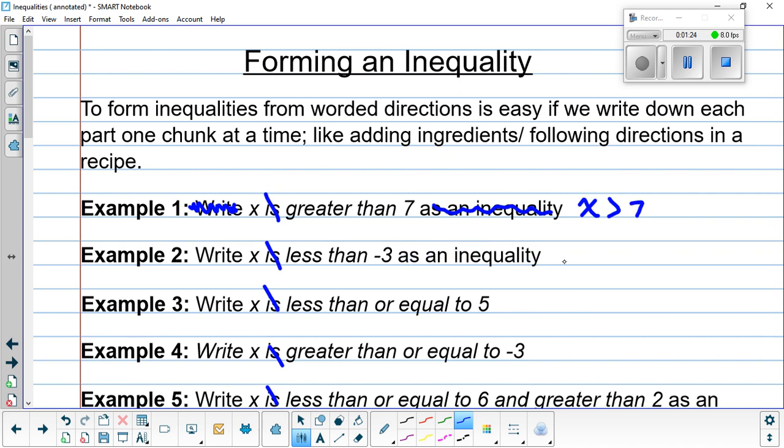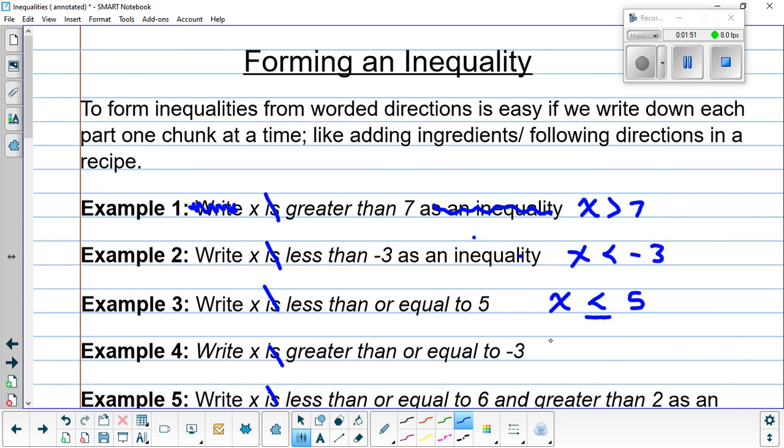Similarly, next one, x, then it's less than, so it faces that way, and -3. Example 3, x is less than or equal, so we have x, and we have less than, but it also says equal, so we have to include the line underneath, and 5.